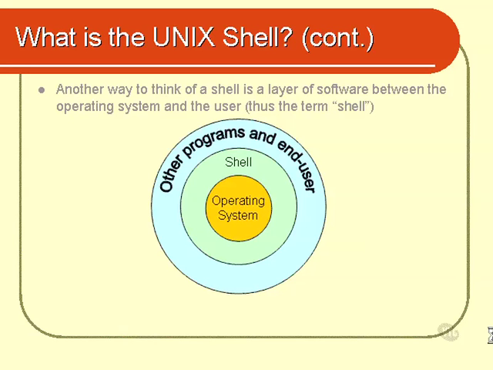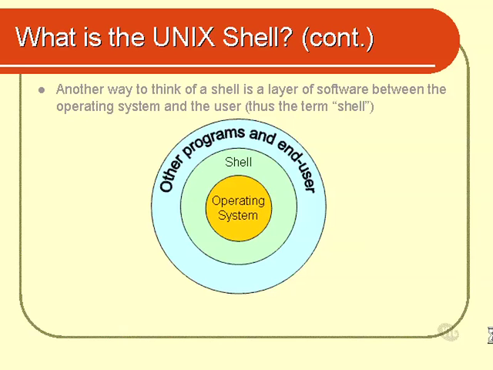The end user interacts with the other programs as well, so the end user could be, if you like, another layer around the outside of that, and also the other programs involved can interact directly with the operating system. So it's not entirely an accurate diagram. It's a very popular diagram, but I don't like it all that much because it is a bit misleading.